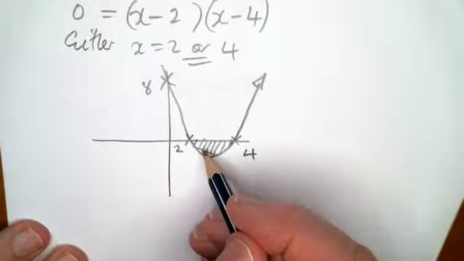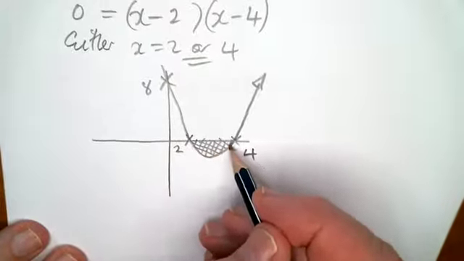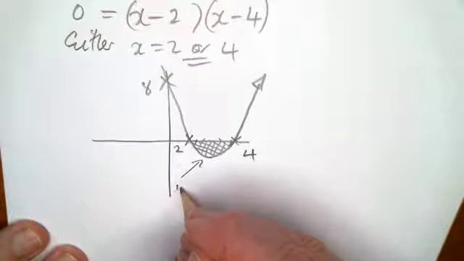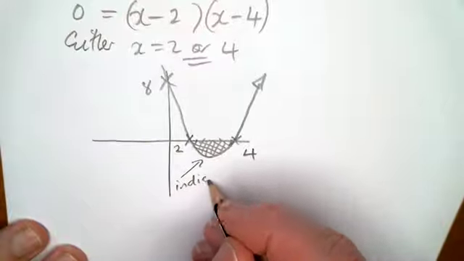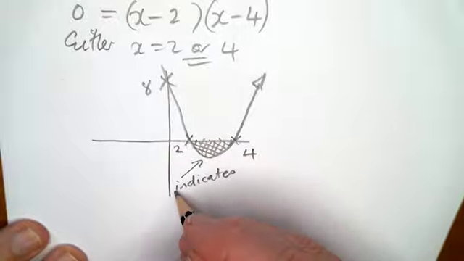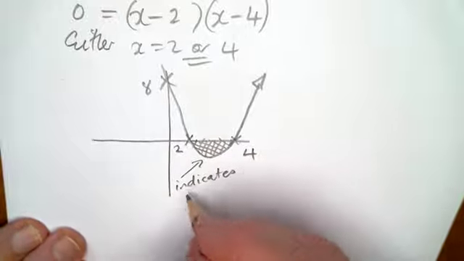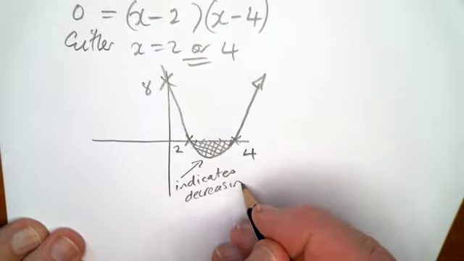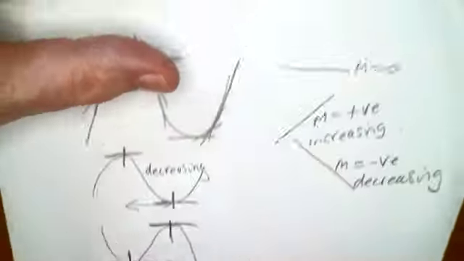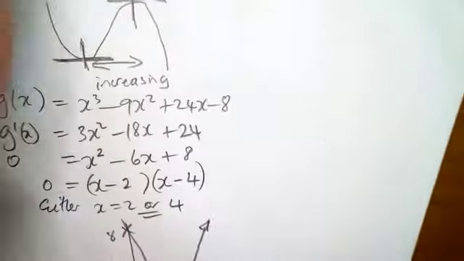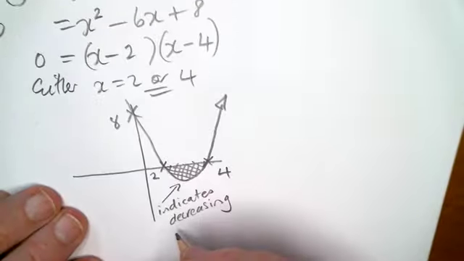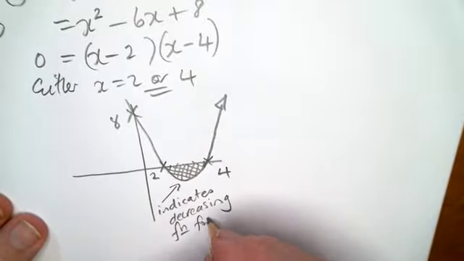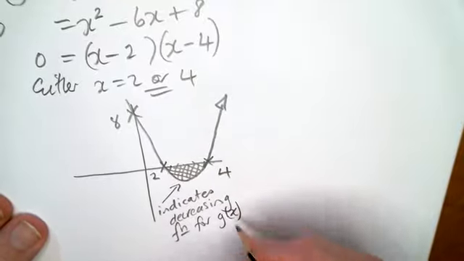If there is a part below the x-axis, it means between these 2 points here, this indicates a decrease. So it indicates a decreasing function for g of x.